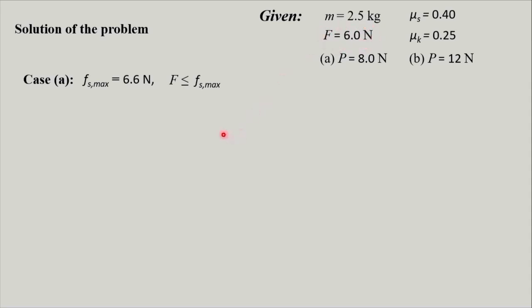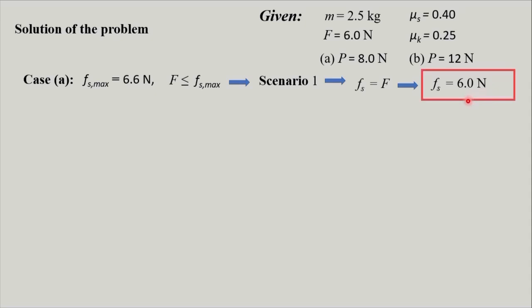So it corresponds to scenario 1, and for scenario 1 we have the force of static friction equal to the external force, and finally it is equal to 6.0 newtons. Acceleration for scenario 1 is equal to 0.